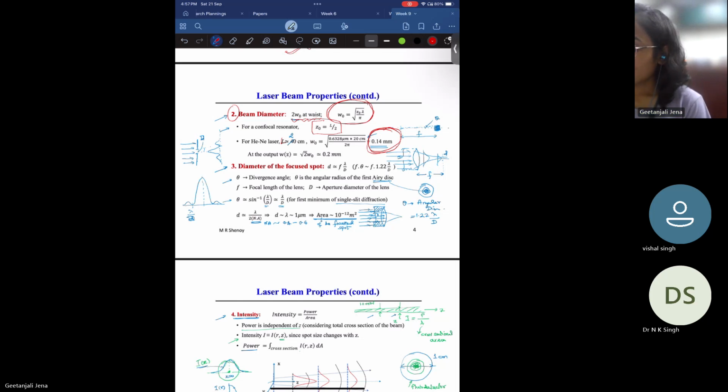Now, in a lab experiment, when we use a laser, we use some lenses to focus the spot. If you want to find out the diameter of the focus spot, you can use this relation. So d is given by f lambda by D. This is the diameter relation of a focus spot.